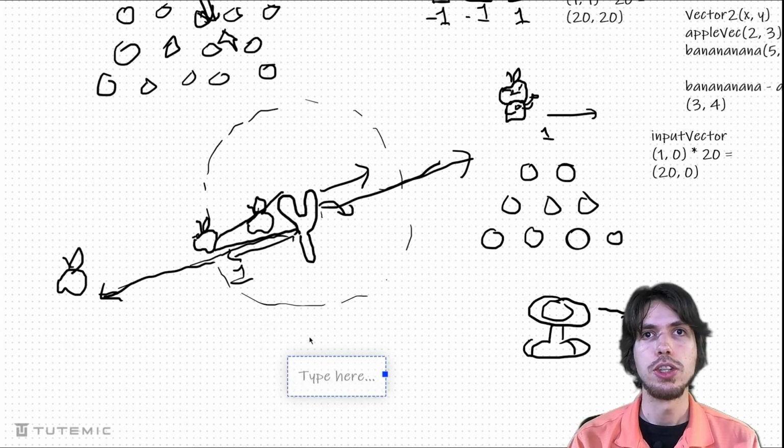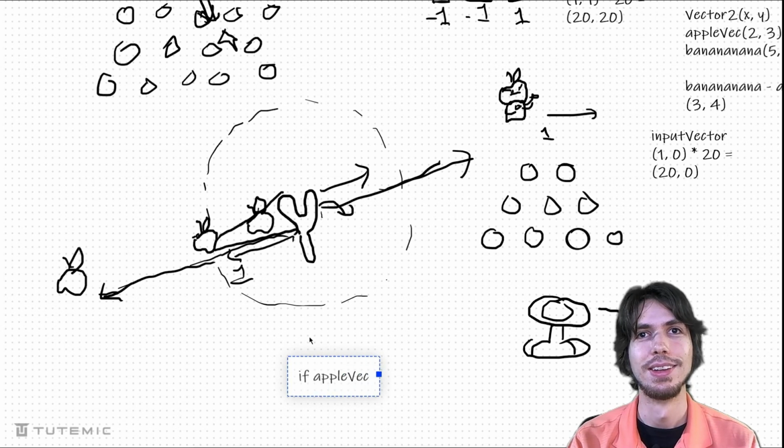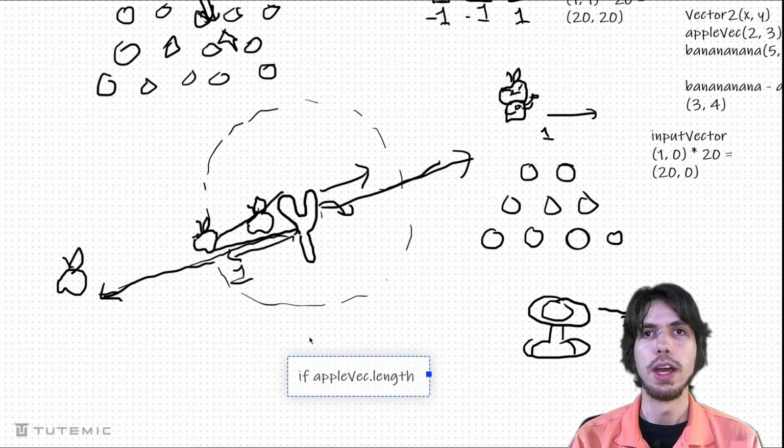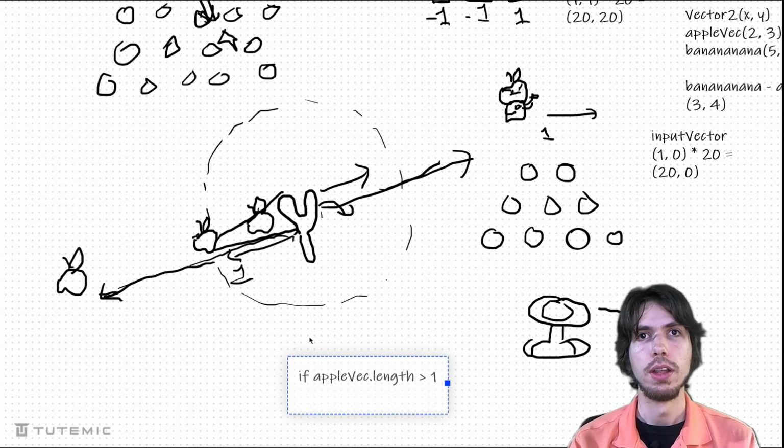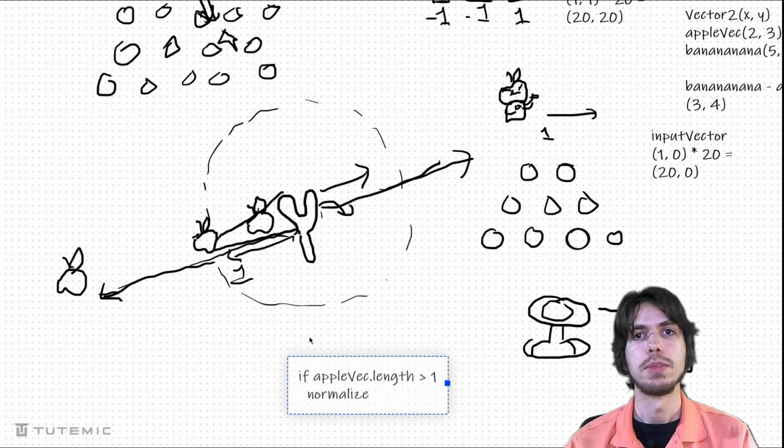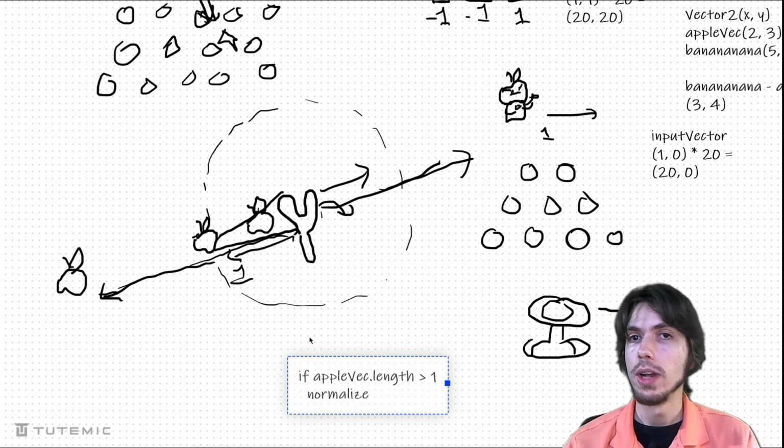So you're trying to ask the question: if the applevec dot length, we're not even going to use it, it could be a function otherwise, if the length is greater than 1, then you're going to normalize. If it's not greater than 1, then we're not worried about it being launched too fast.